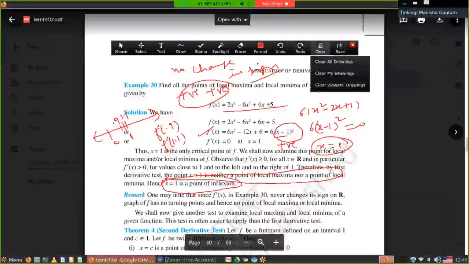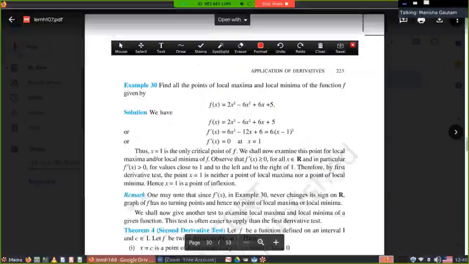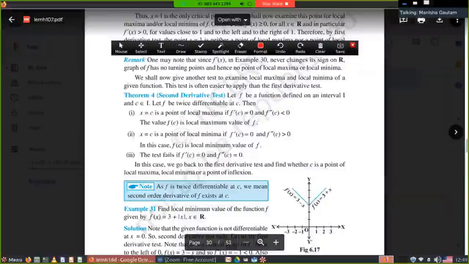Now here is the second method, that is the second derivative method, which is easier than the first derivative method. Note down the concept. Let f be a function defined on an interval I, c belongs to this interval, and let f be twice differentiable at c. It means the function you are taking can be differentiated two times at point c.